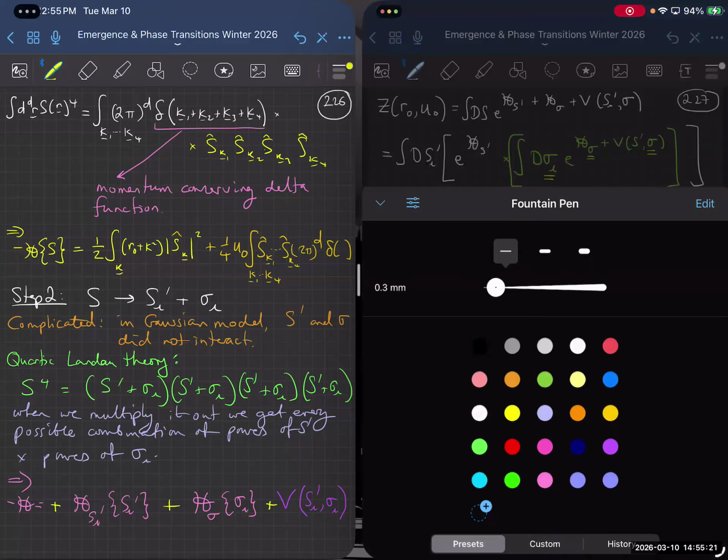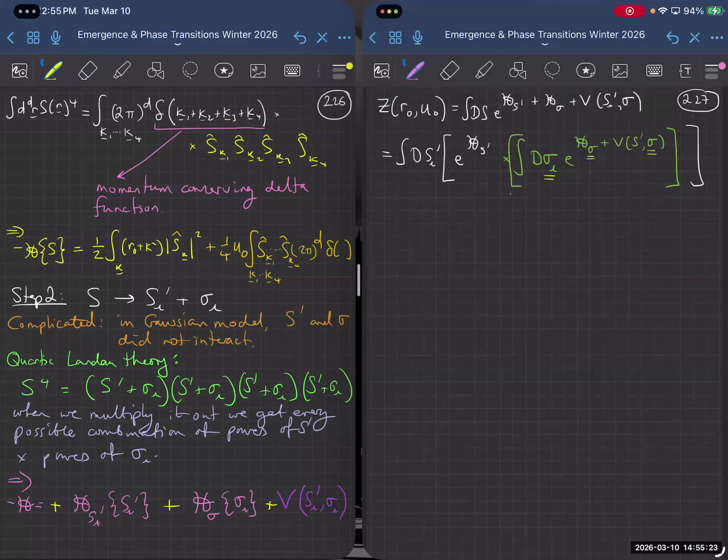So when I do this functional integral, which I'm going to do shortly, the result of doing this calculation will be some mass involving SL prime. So after I've done that, I'm going to get some big mass.